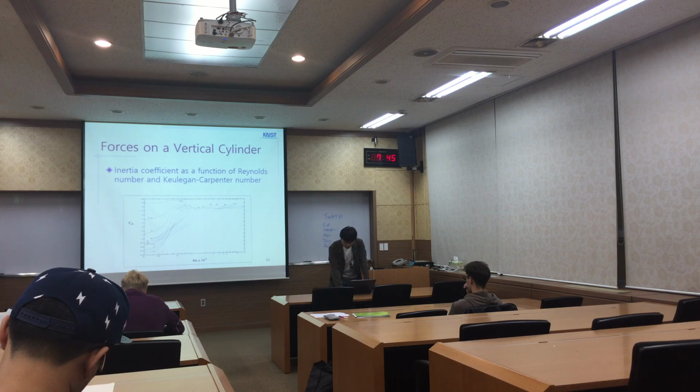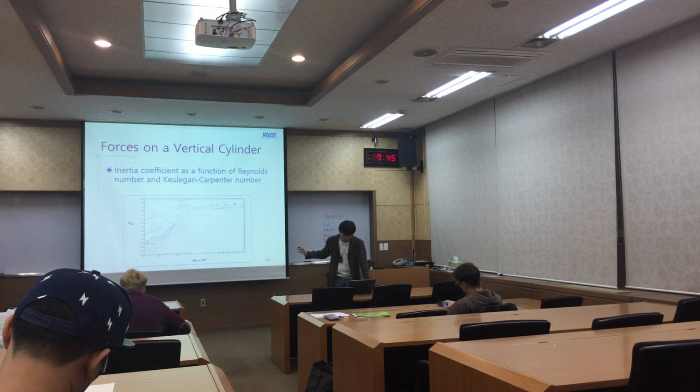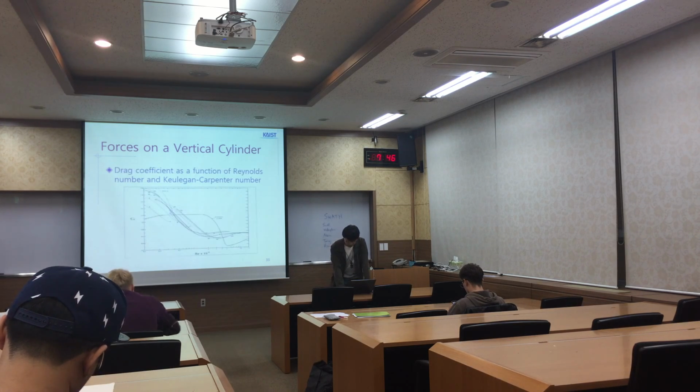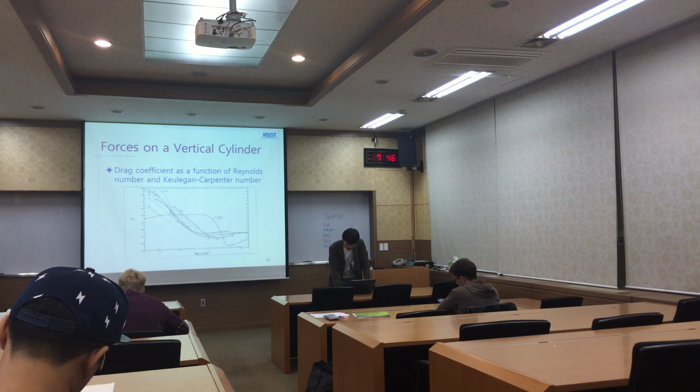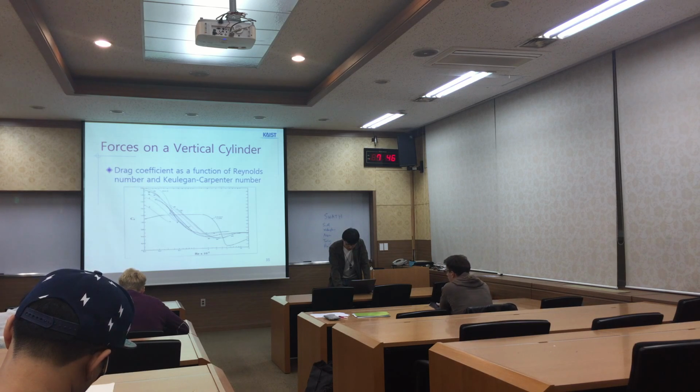This picture shows the inertial coefficient with Reynolds number and Keulegan-Carpenter number. This is the drag coefficient with Reynolds number and Keulegan-Carpenter number.